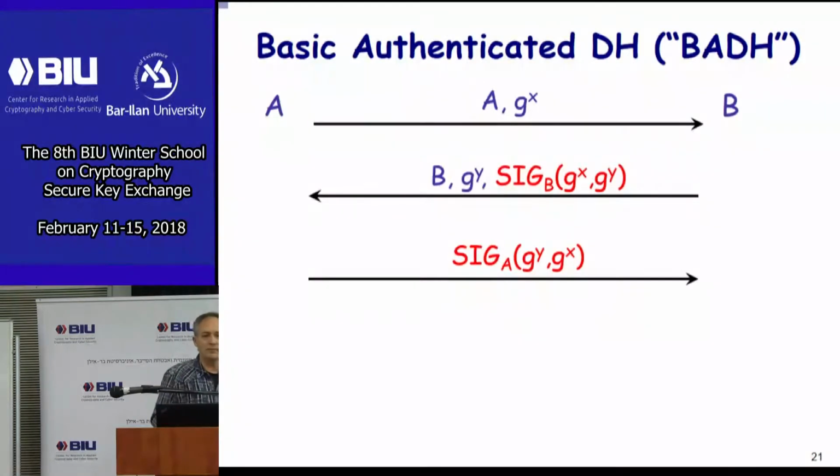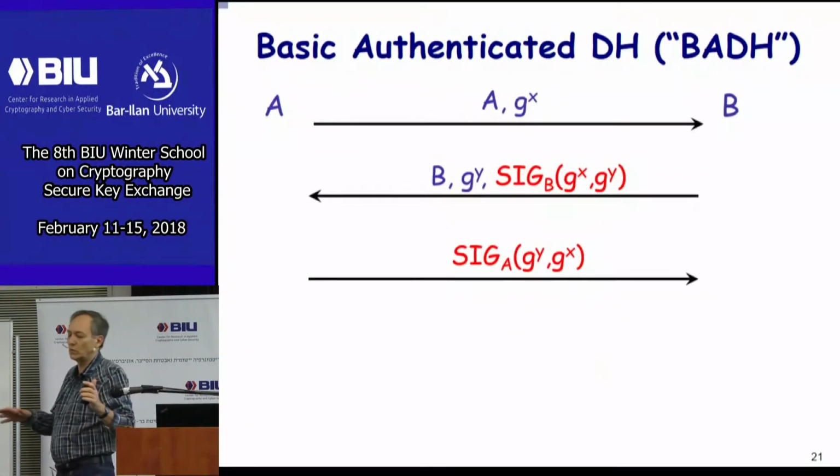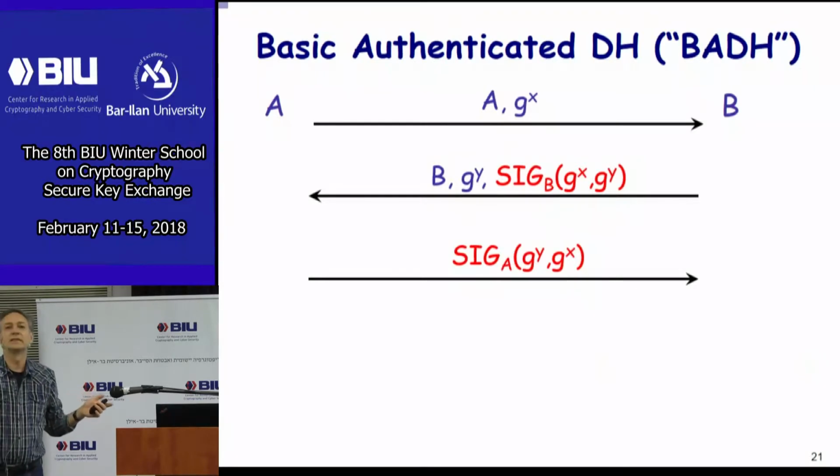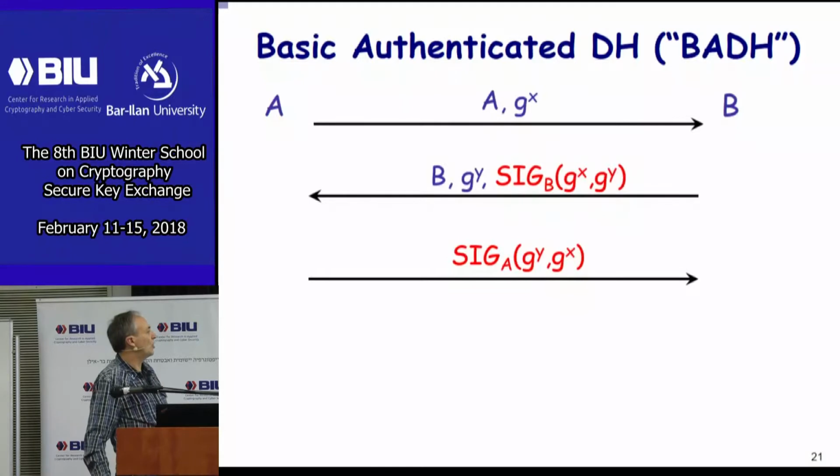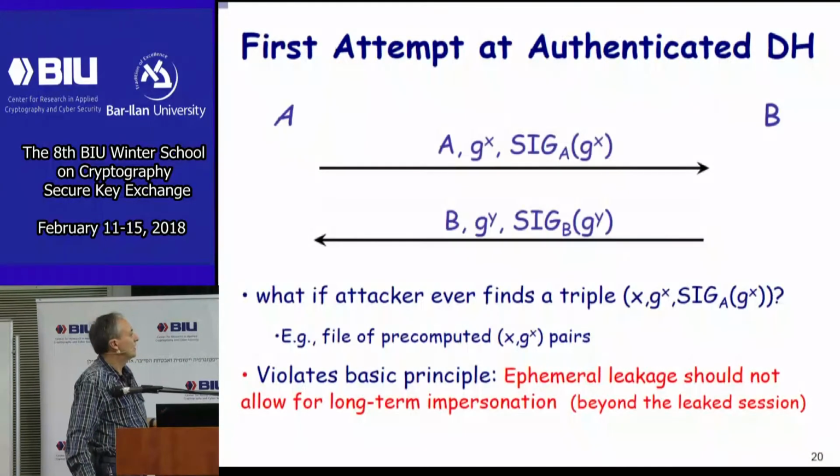Now, that problem that I mentioned goes away. Why? Why because of Y? Exactly. So before, in the previous protocol, Alice sent this signature on G to the X, which was completely unrelated to G to the Y, so the attacker was free to replay it.